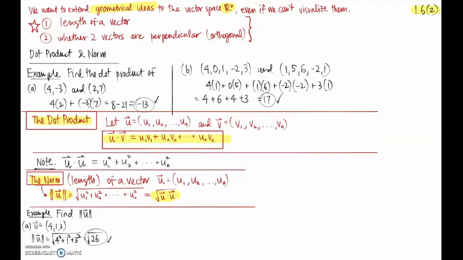So this would be the length of that vector. And however many elements you have in your vector, you're just going to take the square root of each of them squared and then added together. So you could be in R17 or R63 space, and you could still find the length of a vector.